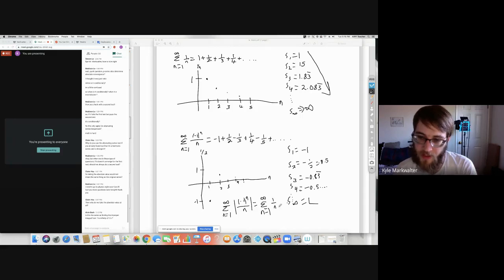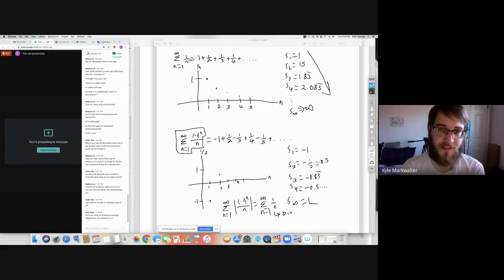And we know that this series diverges. So my alternating harmonic series, yes, it converges, but it converges conditionally. The condition is it only converges because it is alternating. Its natural counterpart is divergent. So we say that this series is conditionally convergent.